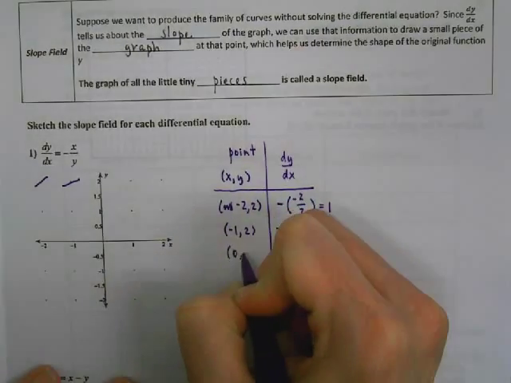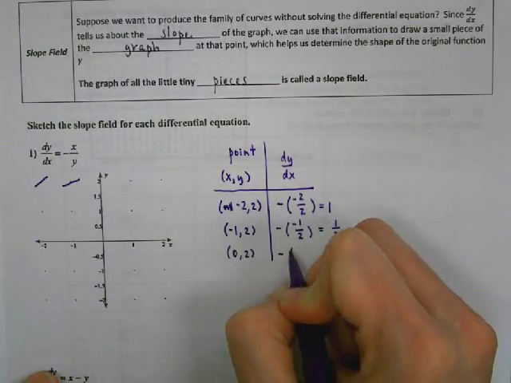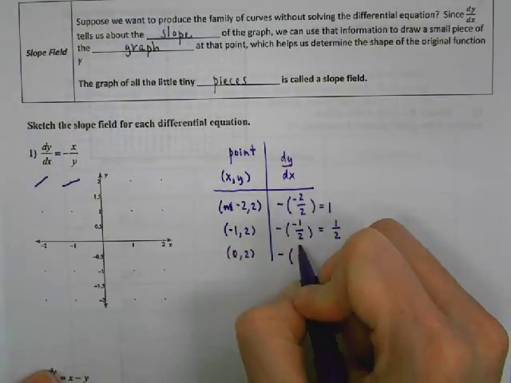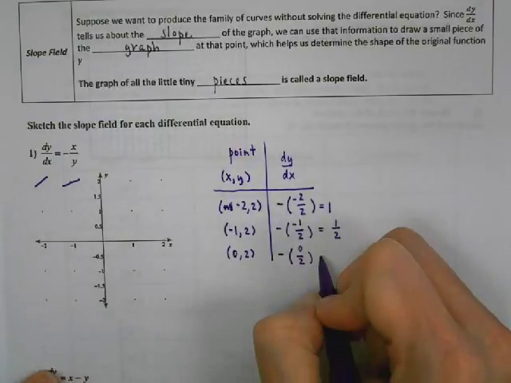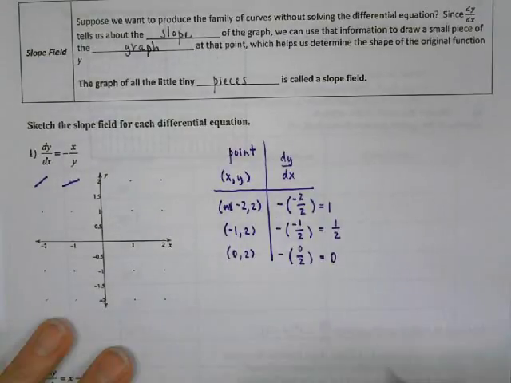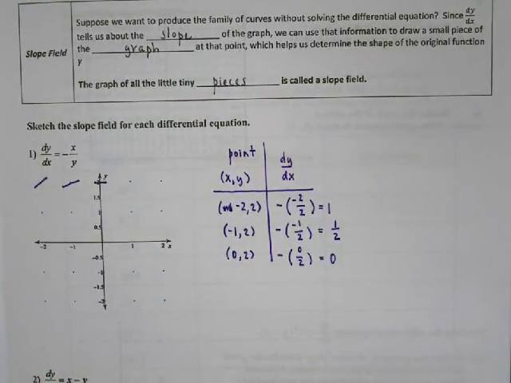Okay, now my point 0, 2. So I have the opposite. Now my x is 0, my y is 2, and so that's going to give me a slope of 0. So I indicate that piece there.